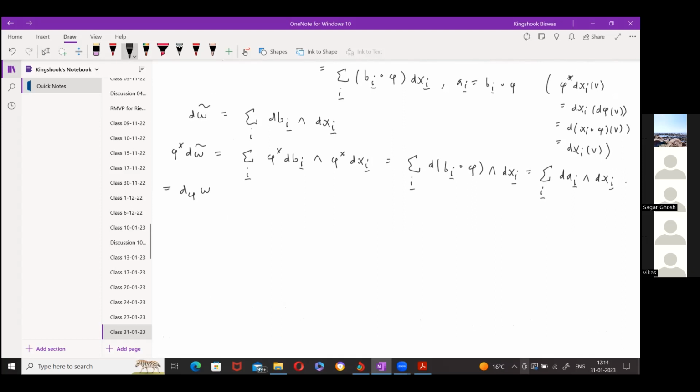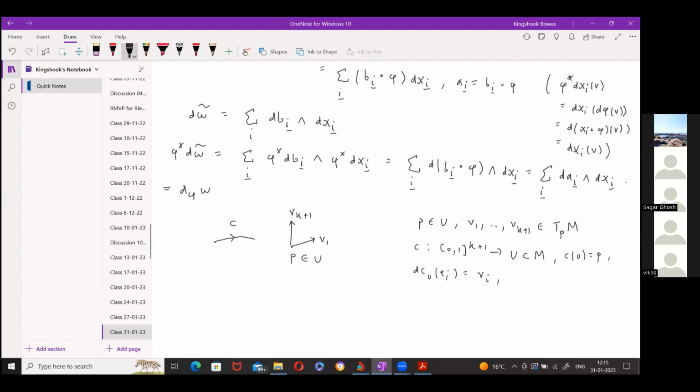So now suppose we take a point P in this open set U, and I take k plus 1 tangent vectors v1 to vk plus 1 at P. And I take C as a singular k plus 1 cube in M, well, in U, such that C(0) is P and DC(0) e_i is v_i, i goes from 1 to k plus 1.